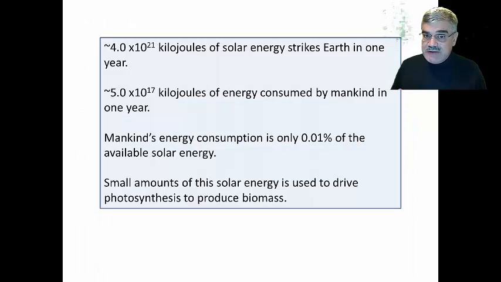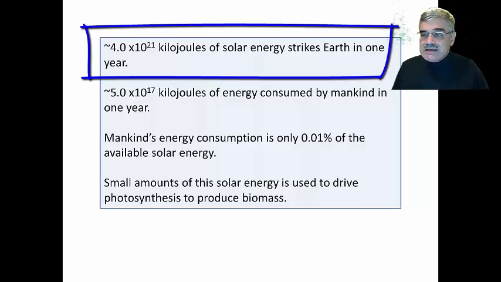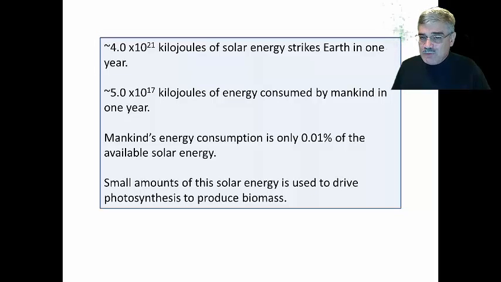So do we have an estimate of how much solar energy actually strikes planet Earth in 1 year? Well, that estimate is about 4 times 10 to the 21st kilojoules. A very, very large number, 4 times 10 to the 21st kilojoules.